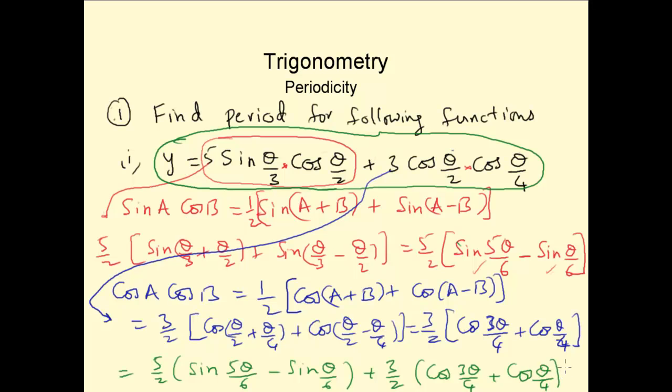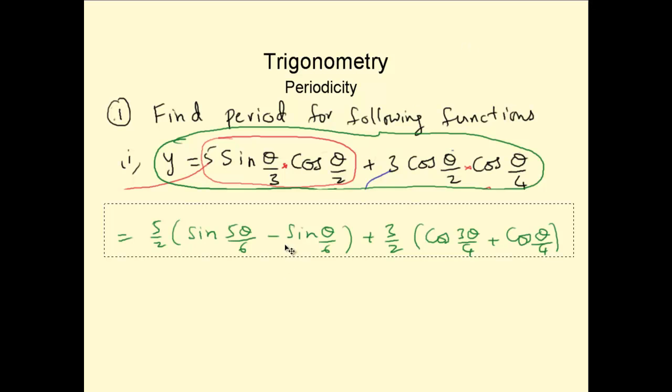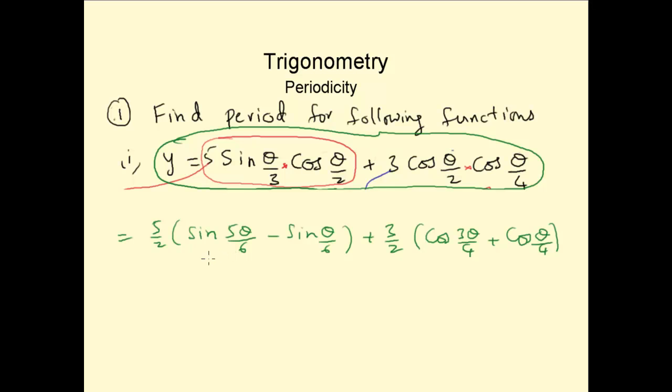So we got this just by converting the products to sums and differences of trig functions. Now we need to find the period for this whole function. Let's erase some of the work here to make it clean and then find the periods.